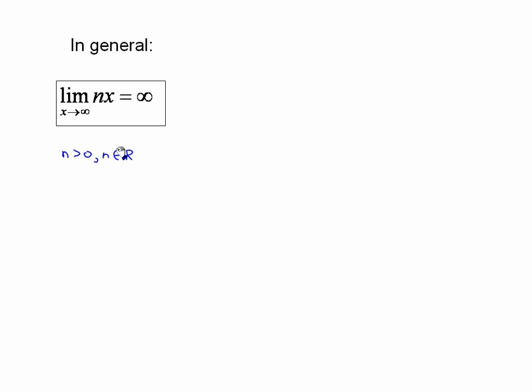But this gives you an idea of the nature of these problems. And then the other one is, like we saw earlier, variation of that, the limit of 1 over x to the n is equal to 0. And this would be true, again, assuming that n is greater than 0. If you have a negative exponent on the bottom, then when it comes to the top, that changes things. These are the two main guiding principles. Now let's do some examples that will require things like this.